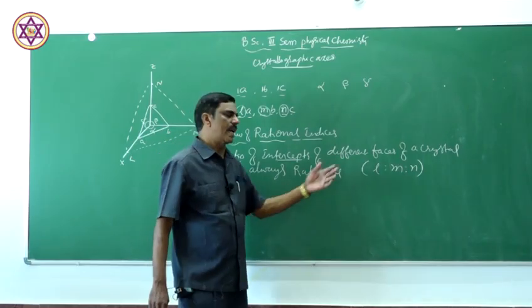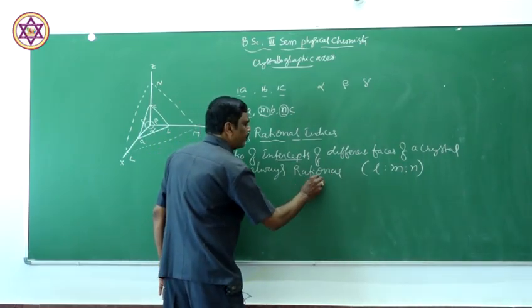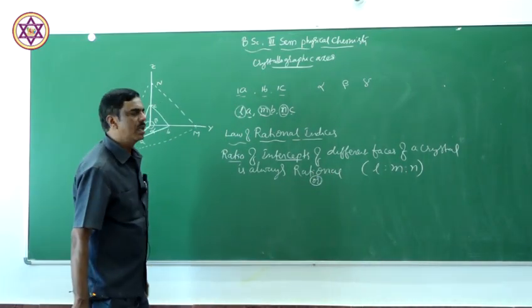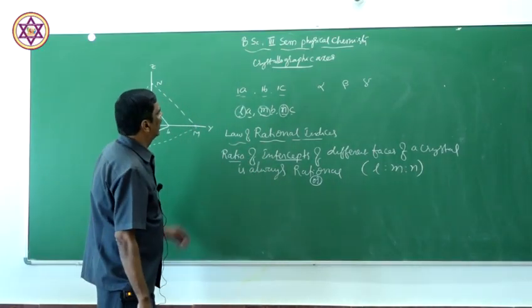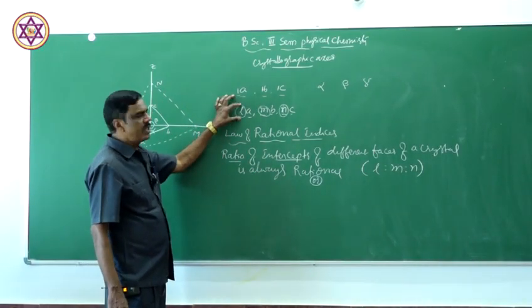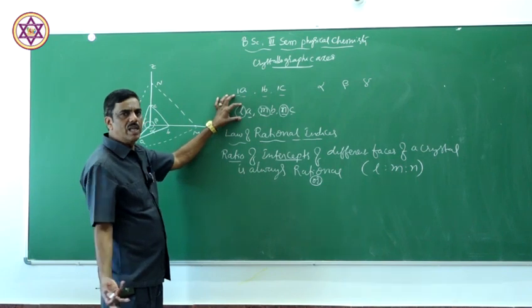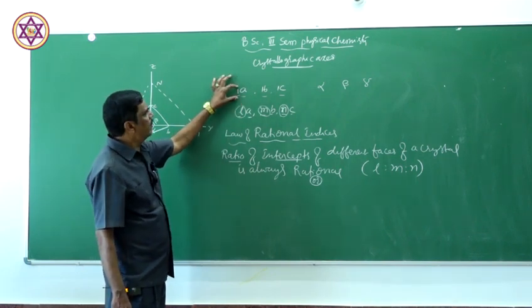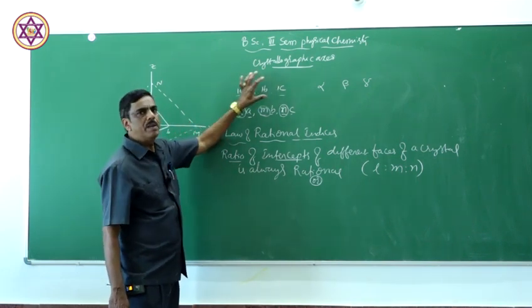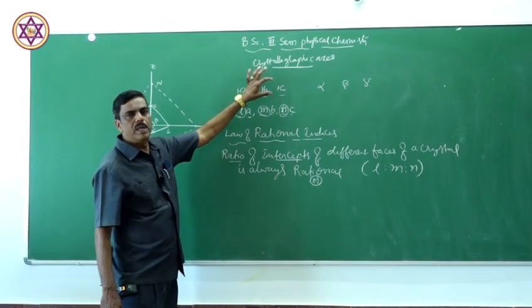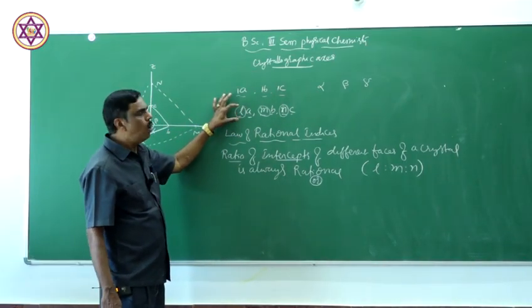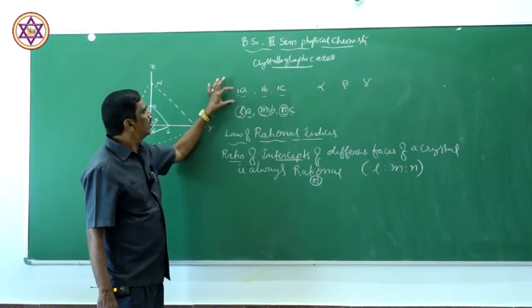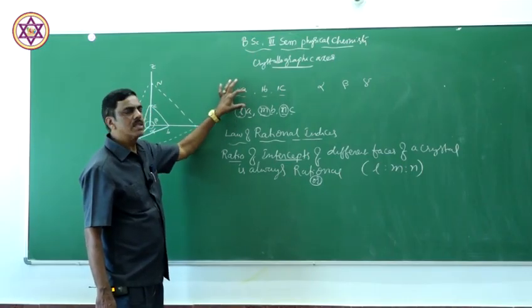It's always rational. There is one more way of stating this law of rational indices. It says that the coefficient of the intercept of any face of a crystal may be unity, 1A, 1B, 1C, or simple whole number multiples of the unit length.